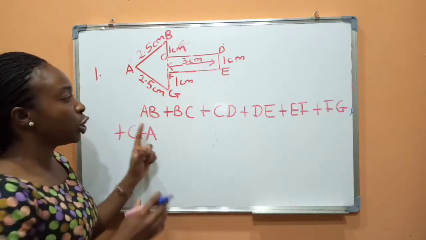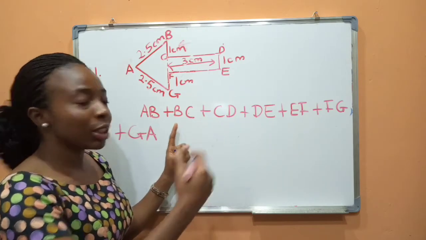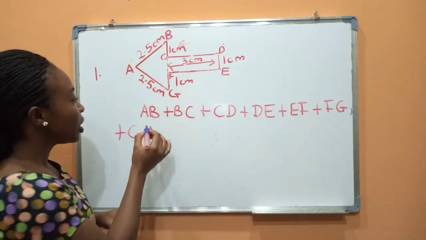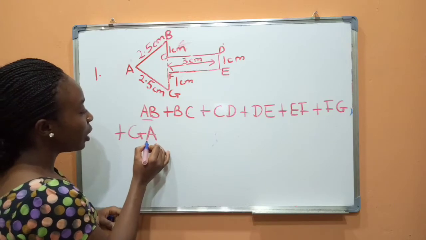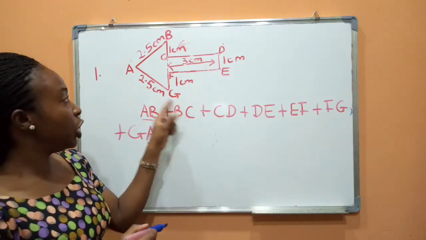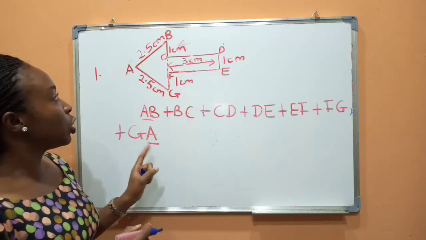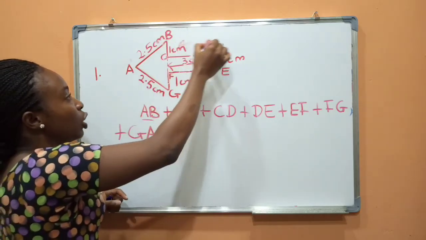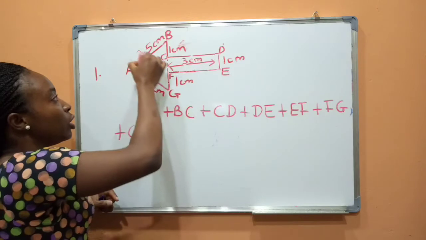So one thing you should note when you're naming this alphabetically is this. You start with the A and you're definitely going to end with the A. Just like in this scenario, we have GA. So once we get here, we stop because we succeeded in going about it completely.